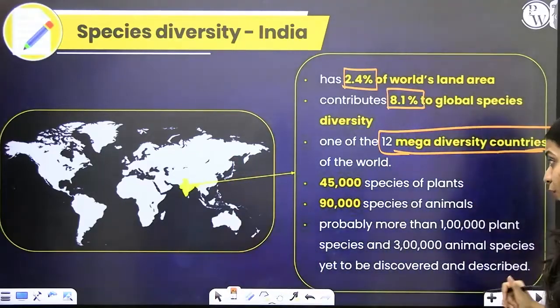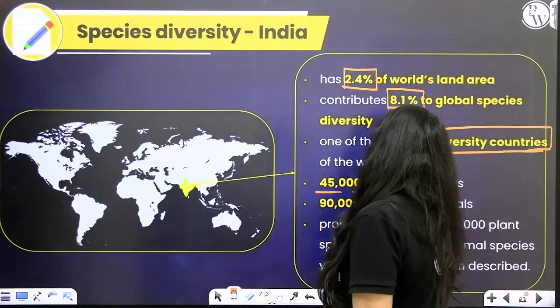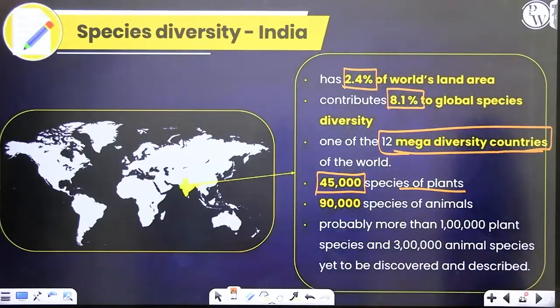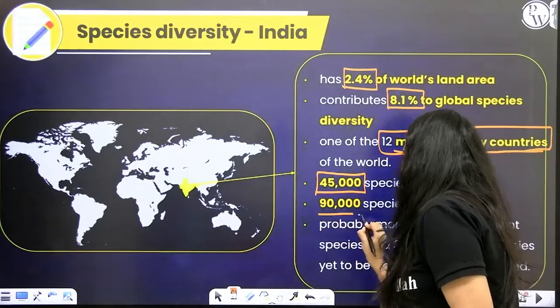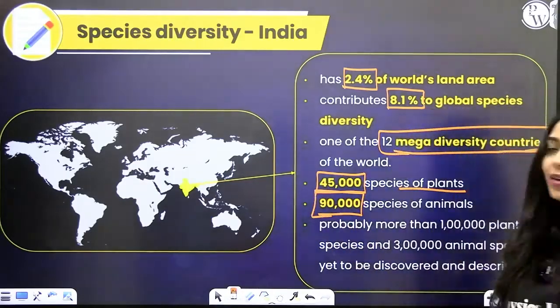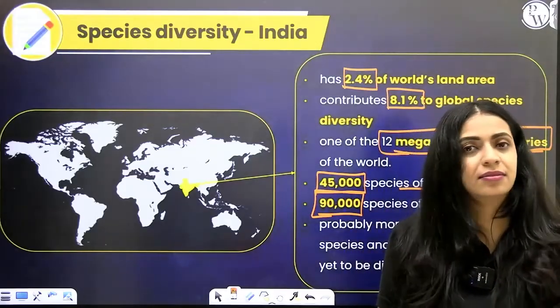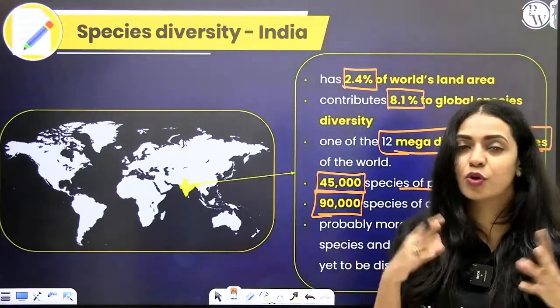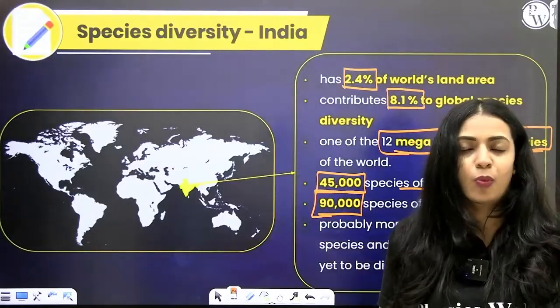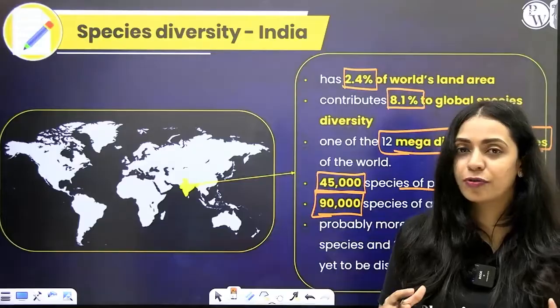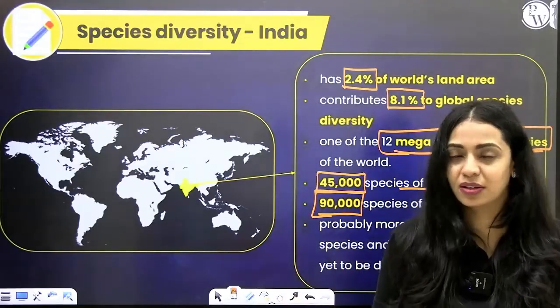In India alone, we find around 45,000 species of plants. We find nearly 90,000 species of animals. We saw in Robert May's estimate that so far we've discovered about 1.5 million species in the world, out of a total of around 7 million species on Earth.